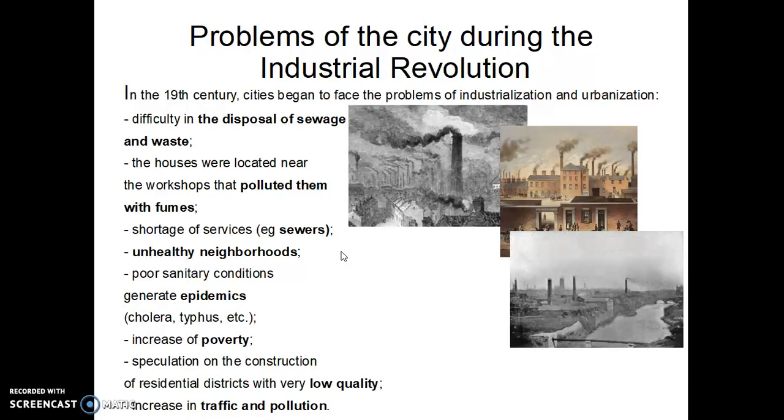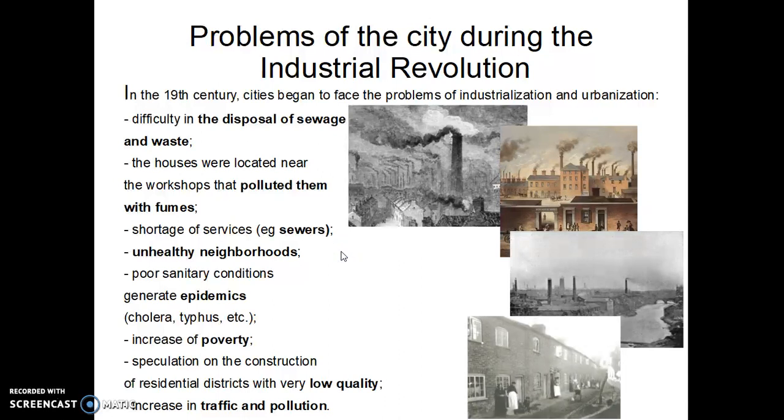There were unhealthy neighborhoods where poor sanitary conditions generate epidemics, cholera, typhus, etc. Increase of poverty, speculation on the construction of residential districts of very low quality, increase in traffic and pollution.